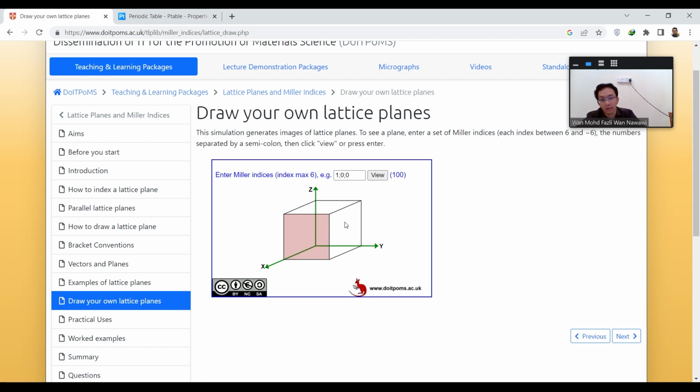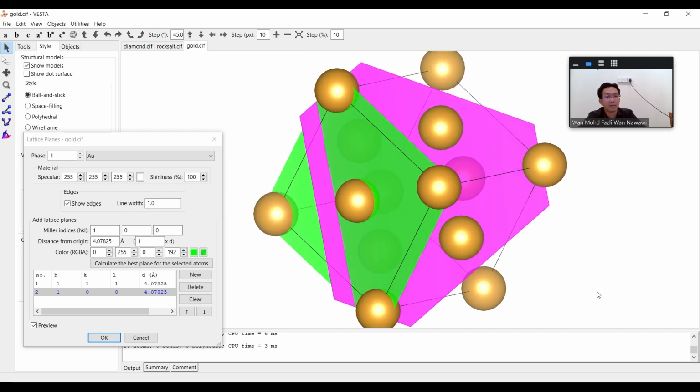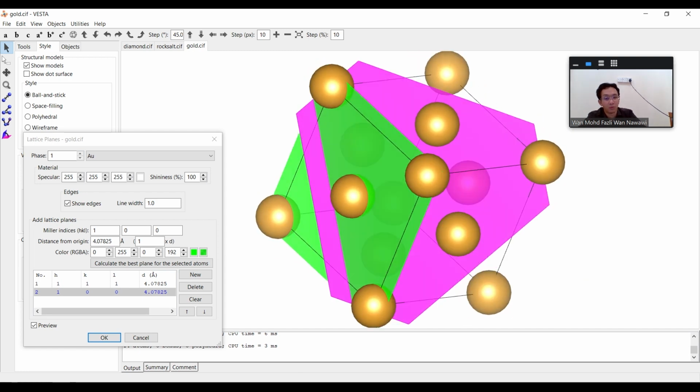The 0 and 0 here are because the plane does not meet on the y and z. So you can just try to play 2, 3, whatever. You can just learn from here. I will not discuss in further detail, but basically what I say is that they are planes. That's what it means by plane.